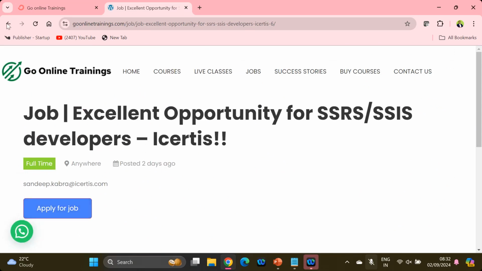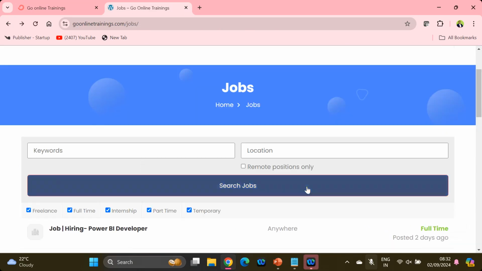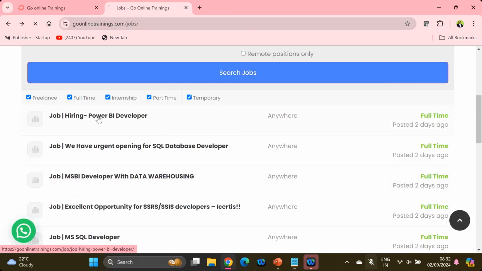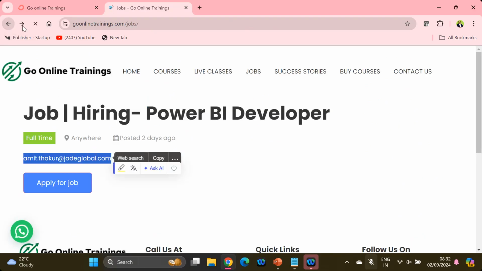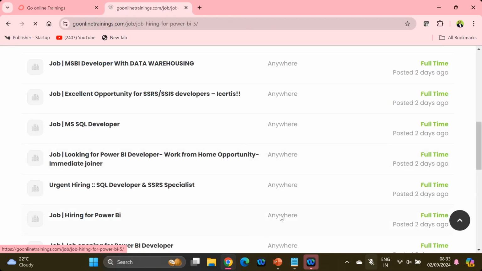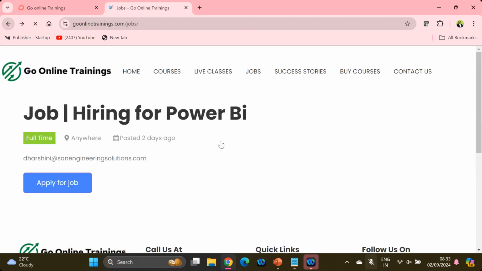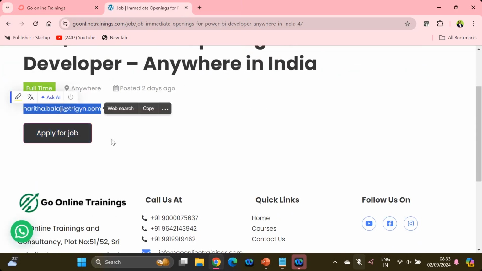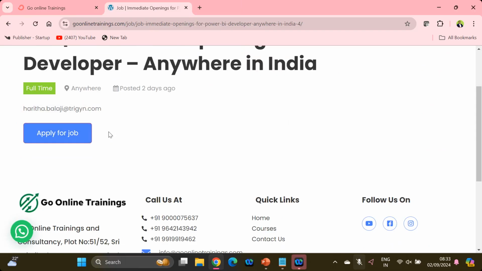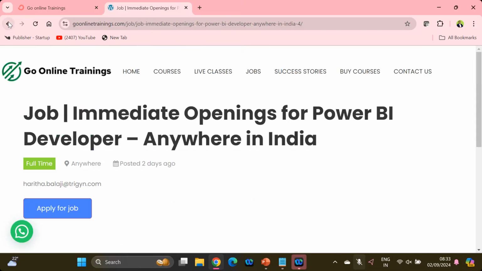This is the job they have given: Power BI developer. They're giving you this JD directly, so you will be able to go and apply. If you want the JD, I'll ask my team to add the JD here as well.